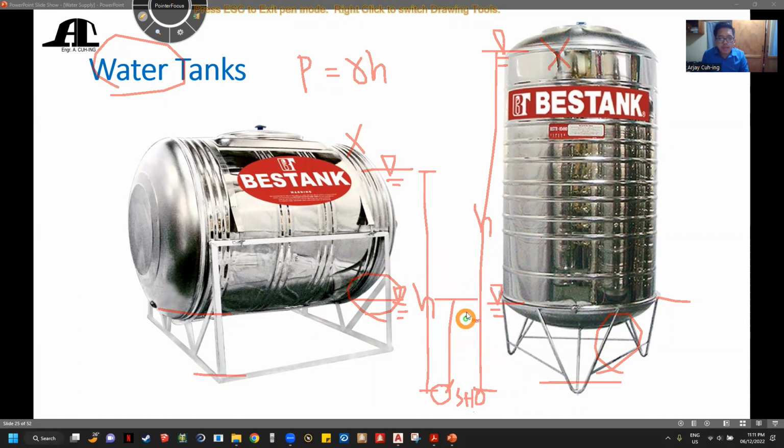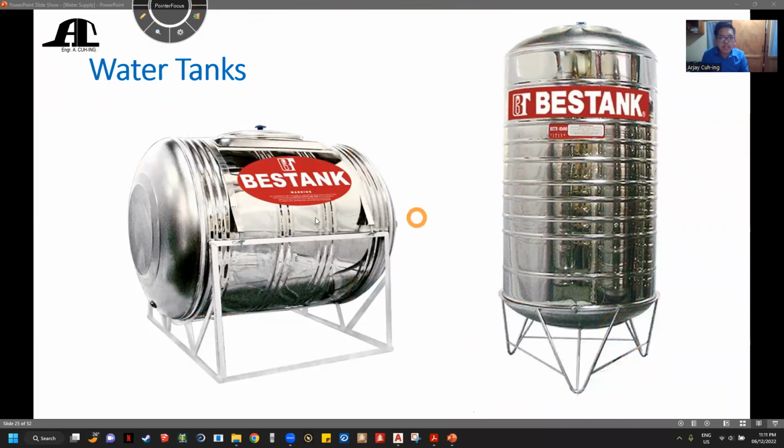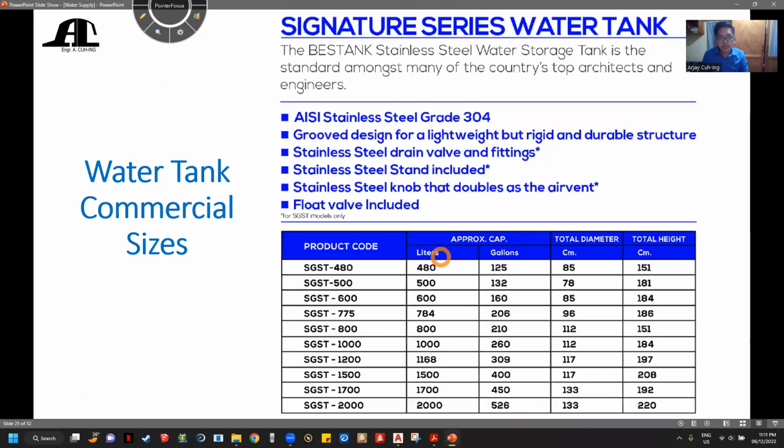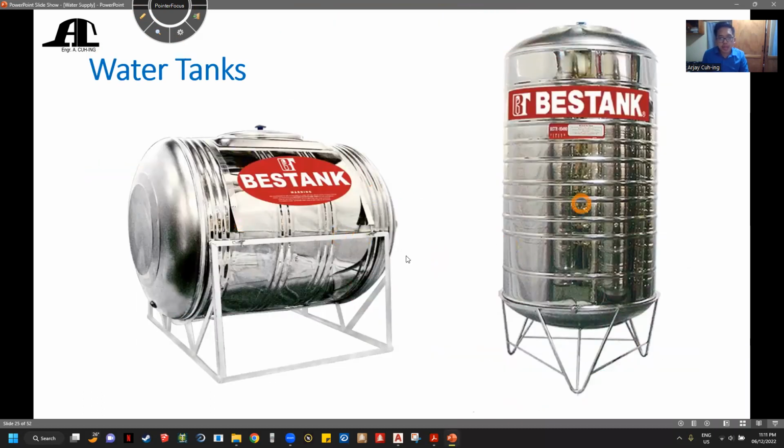Kasi they will both have class this as the pressure head. Okay? So, ang pinaka-difference lang nila class in terms of spacing. The space they will occupy class in terms of layouting them. Okay? So, in terms of spacing, syempre mas maganda yung nakatayo.